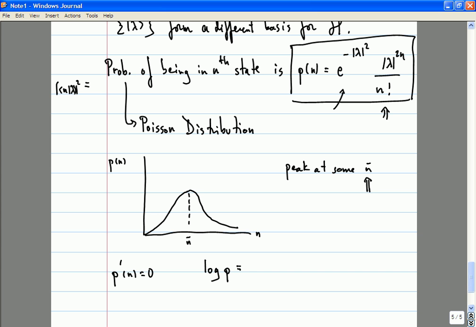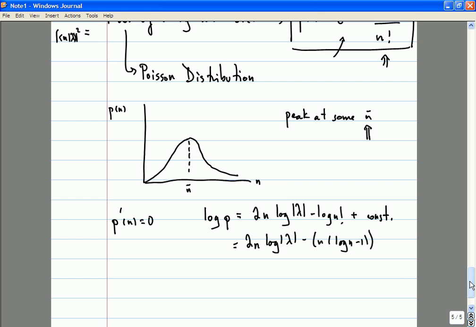So that's 2n times the log of the absolute value of lambda minus the log of n factorial plus a constant that is independent of n. And using Stirling's approximation, log of n factorial is well approximated by n times log n minus 1.